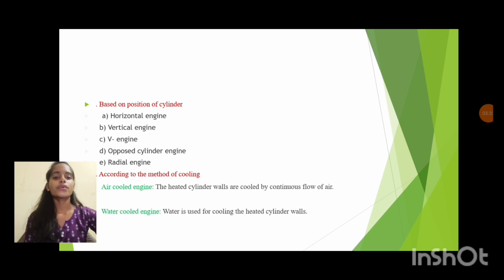Based on the position of cylinders: horizontal engine, vertical engine, V engine, opposed cylinder engine, radial engine. According to the method of cooling: air-cooled engine, the heated cylinder walls are cooled by a continuous flow of air; water-cooled engine, water is used for cooling the heated cylinder walls.